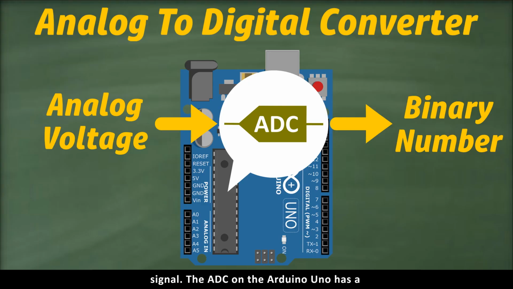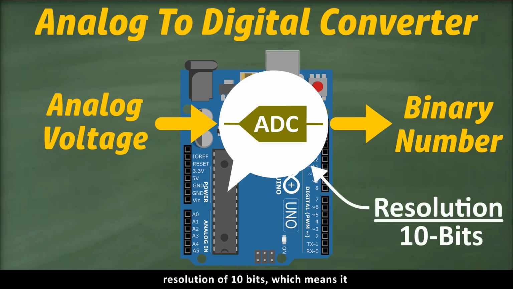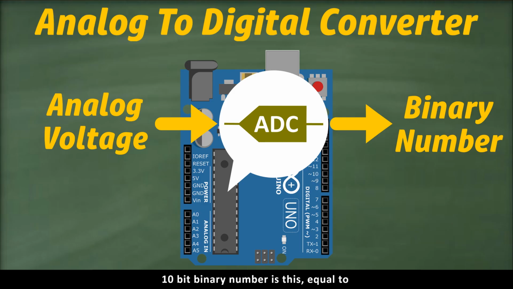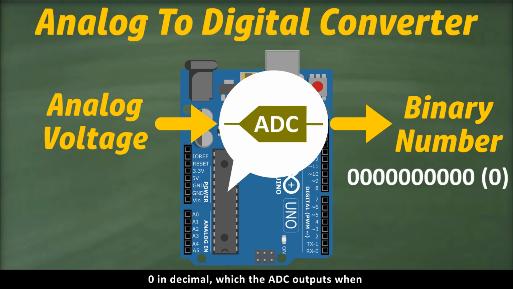The ADC on the Arduino Uno has a resolution of 10 bits, which means it converts an input voltage into a 10-bit binary number. The smallest possible 10-bit binary number is this, equal to 0 in decimal, which the ADC outputs when the input is at the lowest end of the voltage range, by default 0 volts.